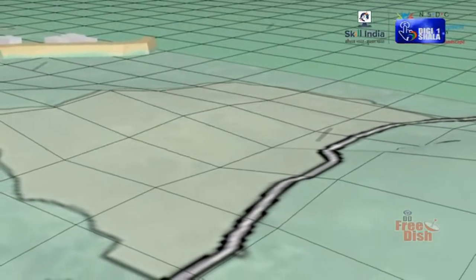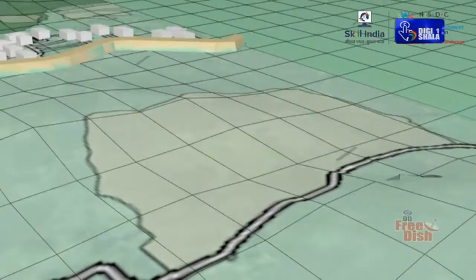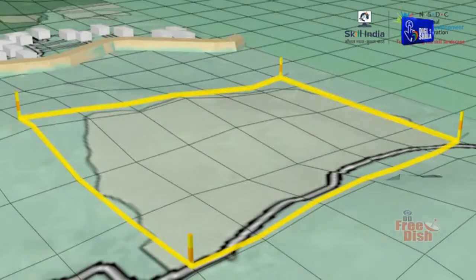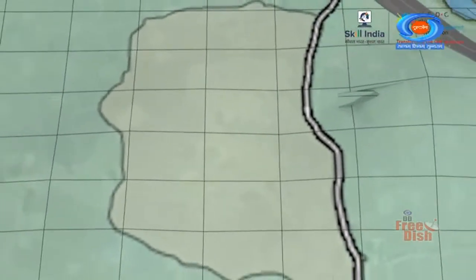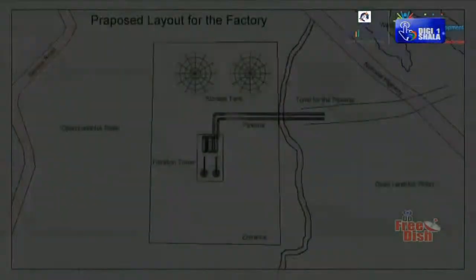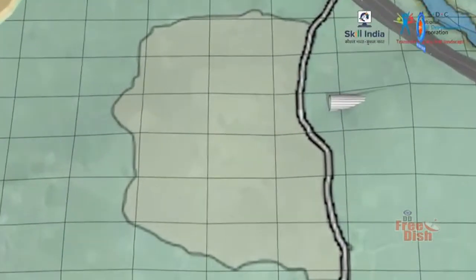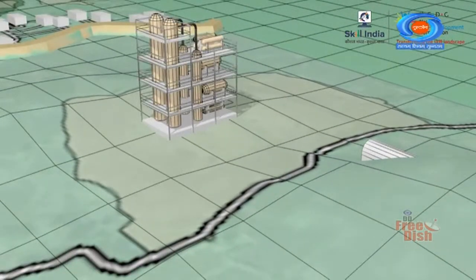Then they demarcated the area for the factory and made a map for their proposed factory site. On the basis of the land available, they decided on the structure of the factory. With this plan in hand, they were able to realize their dream of building a factory on the demarcated ground.